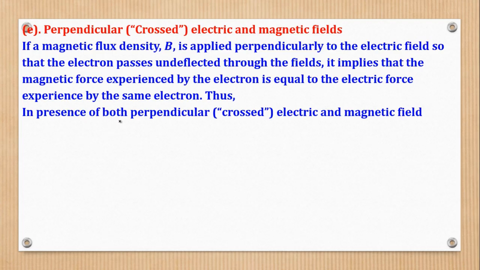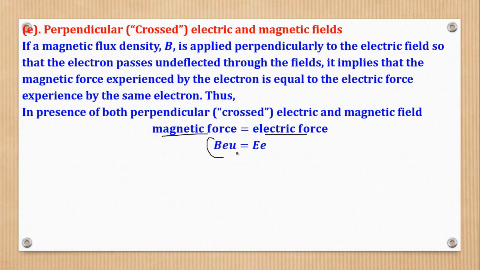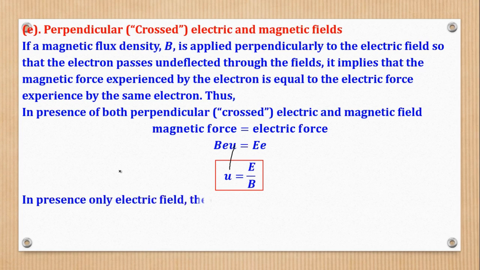Therefore, in presence of both crossed electric and magnetic field, magnetic force is equal to electric force. Come and substitute magnetic force. It's an electron, that's why you use BeU, and electric force, electric intensity times the electronic charge. Then make U the subject, U will be equal to E over B. That was in presence of both.